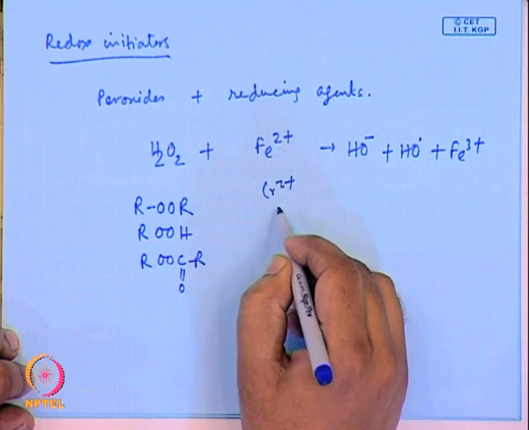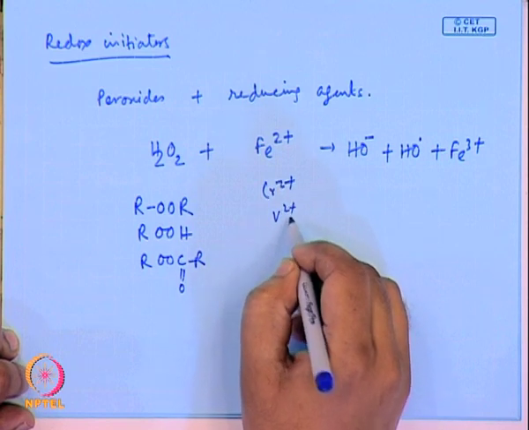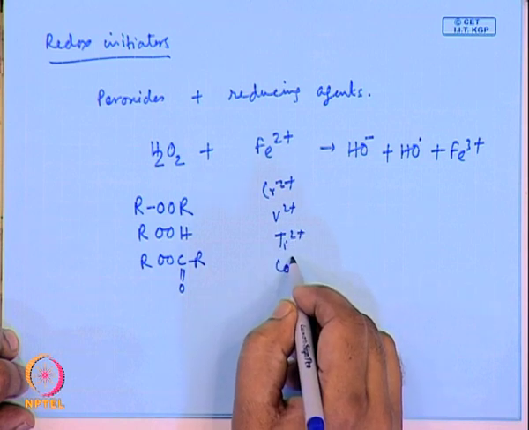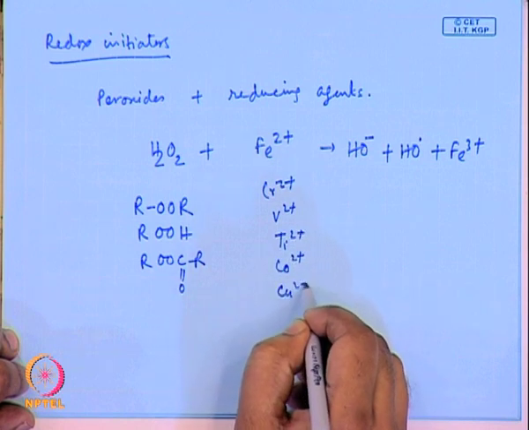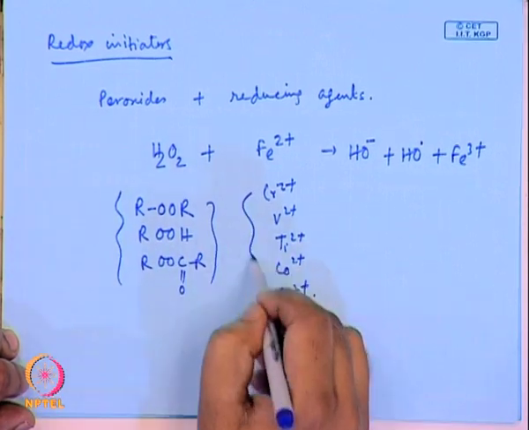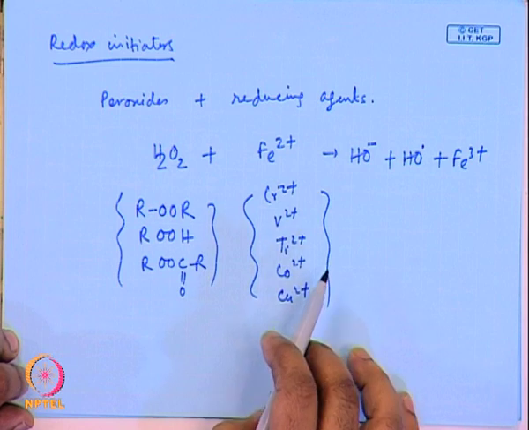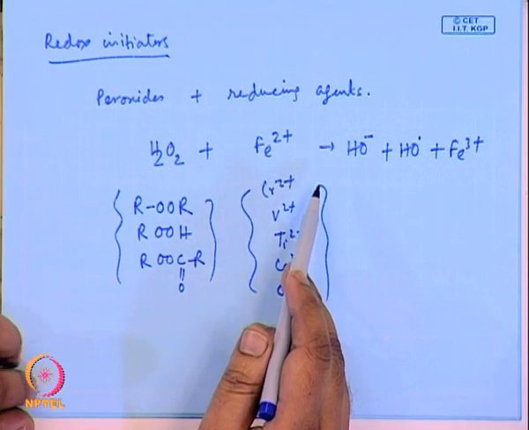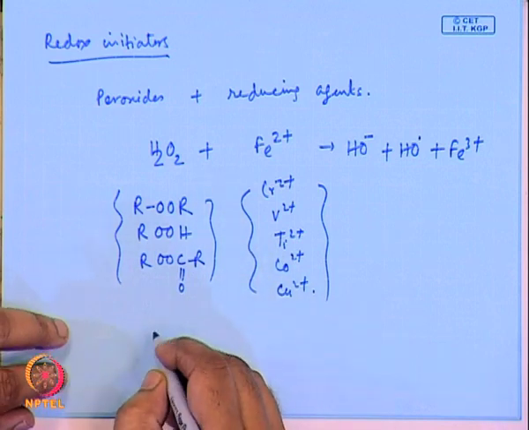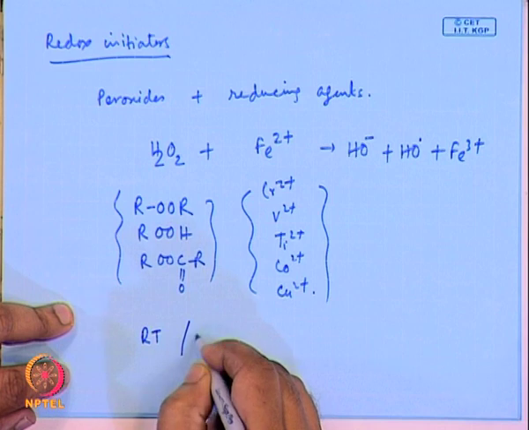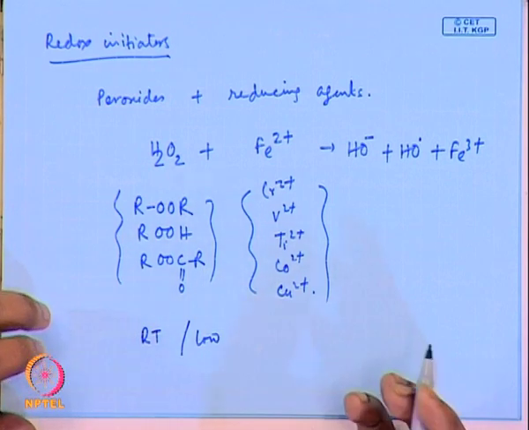And in this case you can use other ions as well. The general reaction is the same, and the reaction is much faster and can be done at room temperature or even at low temperature, 0 to 5 degree centigrade or so.